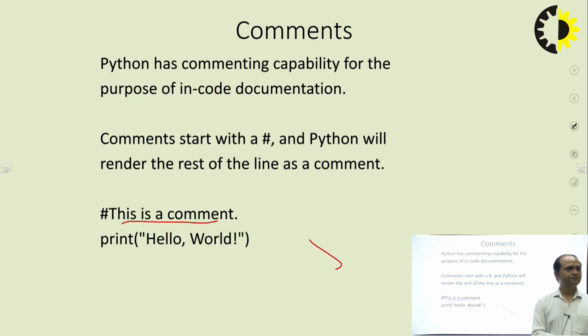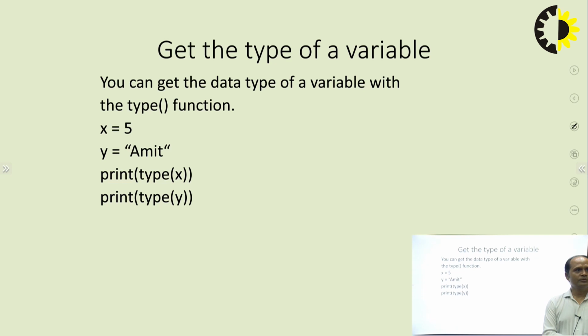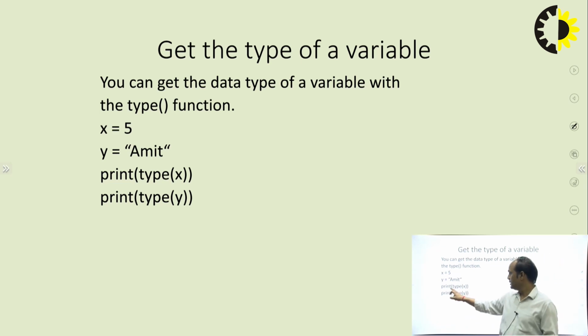Print hello world. And suppose we want to get the type of a variable, so we can use the type function. Suppose we have a variable x is equal to 5 and y is equal to "Amit", and now we want to know what is the type of x and what is the type of y. Then we can use the function type, print type x.